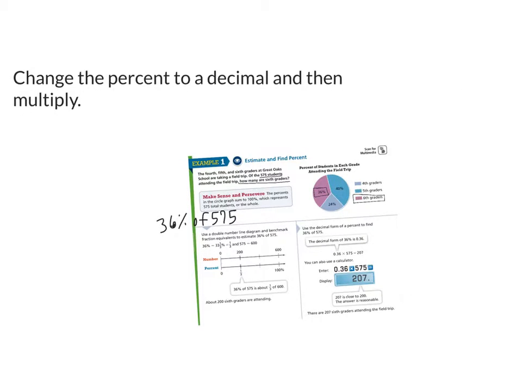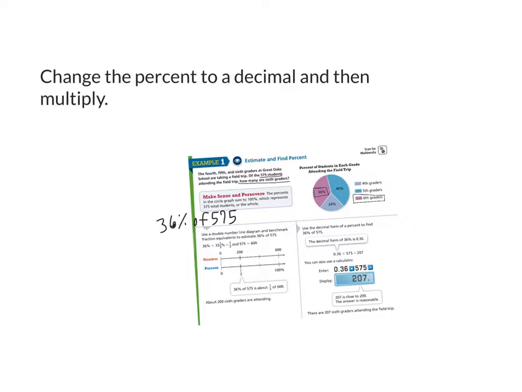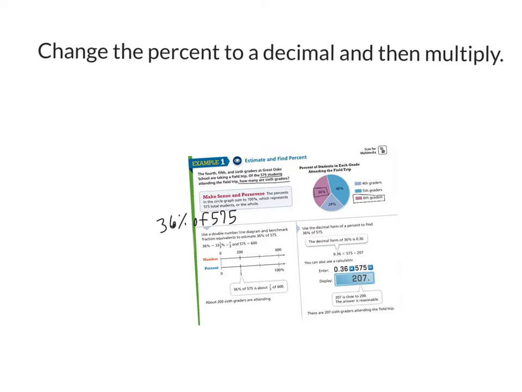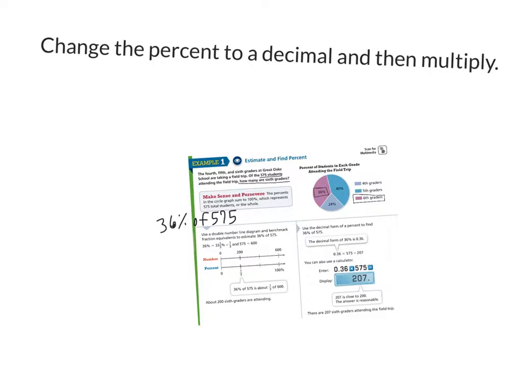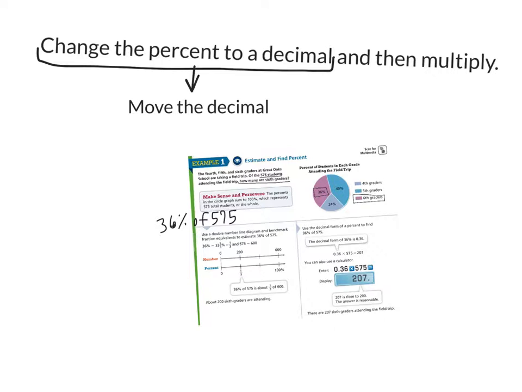Like we talked about previously, in order to change the percent to a decimal, you might recall, we are just going to move the decimal 2 places to the left. Move the decimal 2 places to the left.